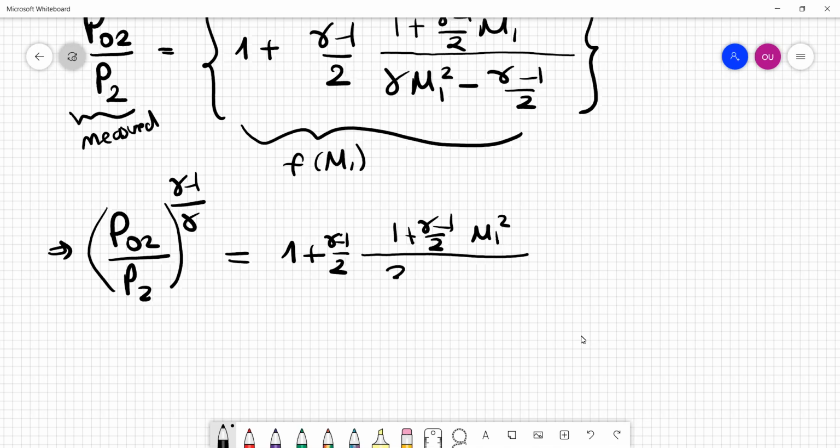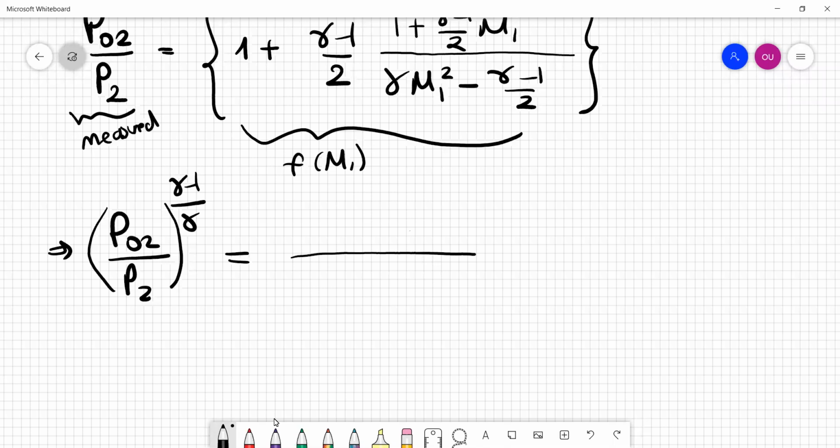Okay, I will skip one step to save some time, because you know what I'm trying to do here, and then it will look something like this. This is going to be equal to, after some rearrangement, I mean, you see what I'm talking about.